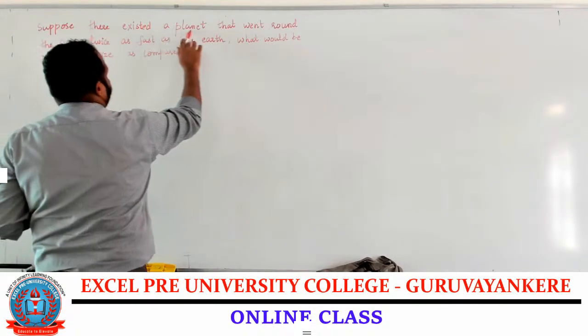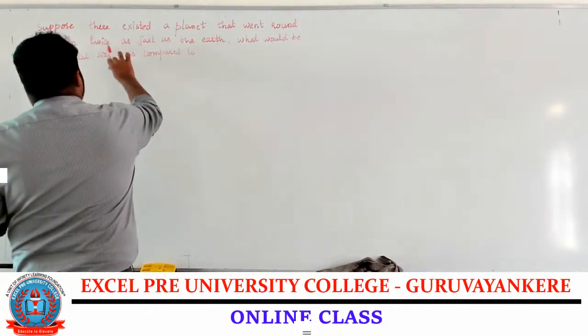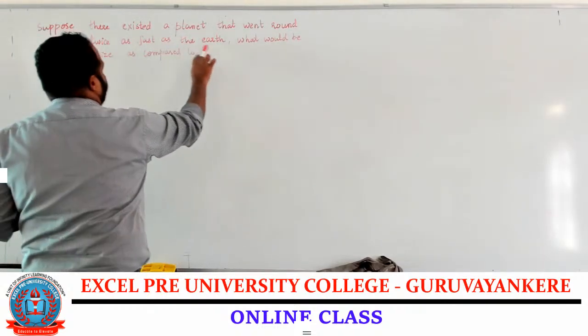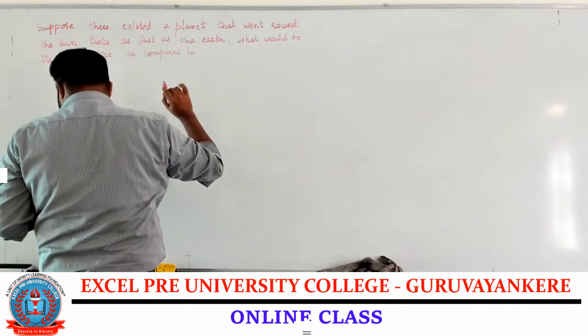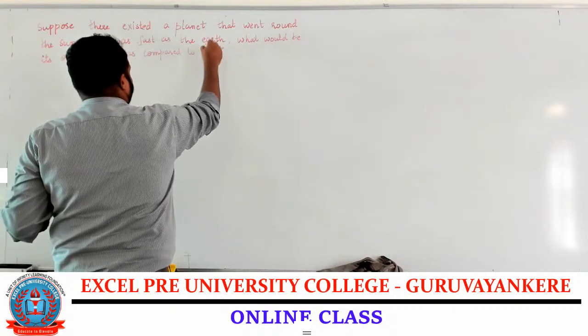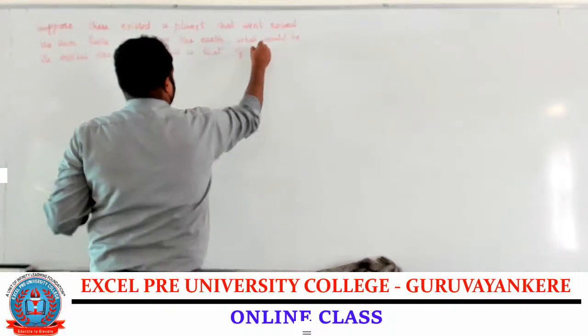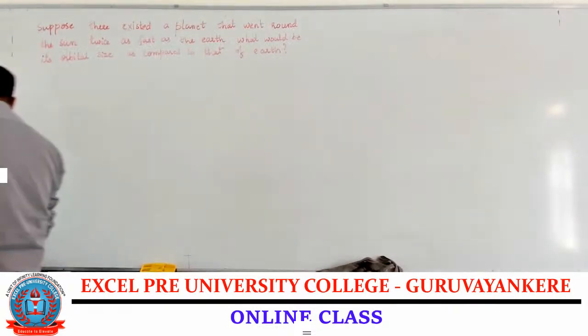Suppose there existed a planet that went round the sun twice as fast as the earth. What would be its orbital size as compared to that of earth?